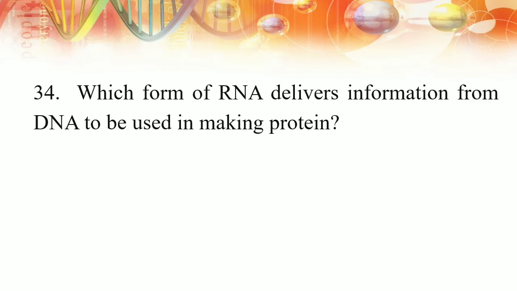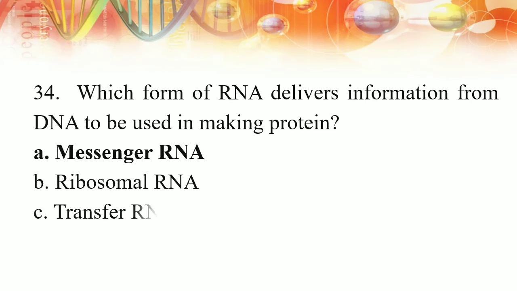Number 34. Which form of RNA delivers information from DNA to be used in making protein? A. Messenger RNA, B. Ribosomal RNA, C. Transfer RNA, D. All of the above. Transfer RNA transports amino acids to the ribosomes to be assembled.